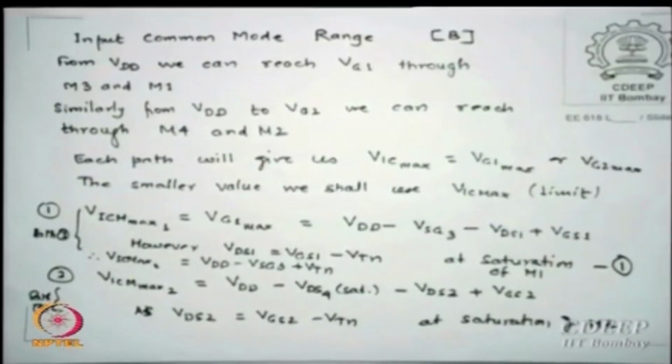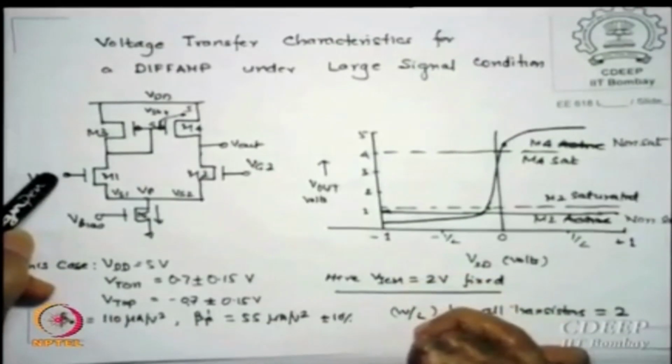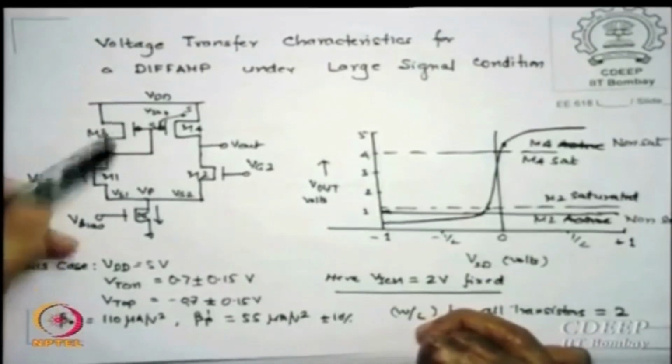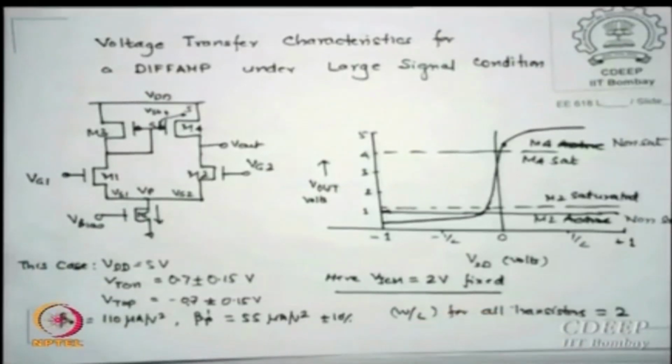Okay, from VDD we can reach VG1 through M3 and M1. Please look at the figure again. If I had to reach here, I can say drop across this and subtract here, or add, whatever signs properly I get.